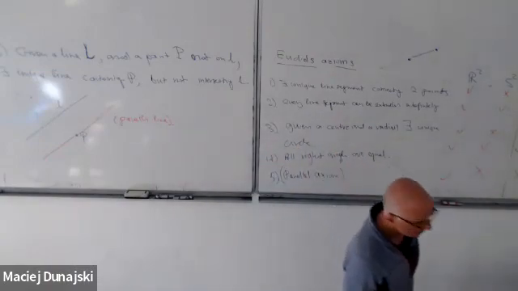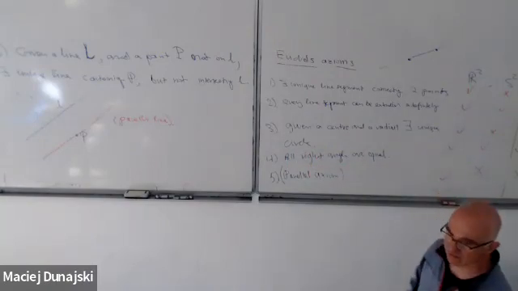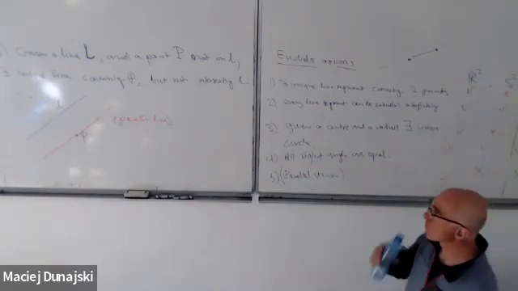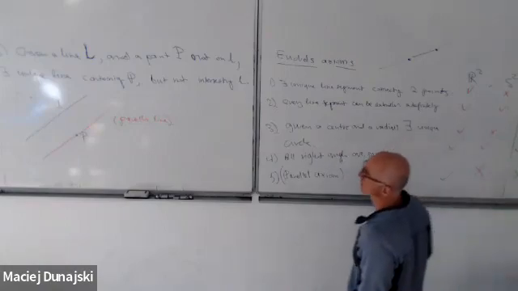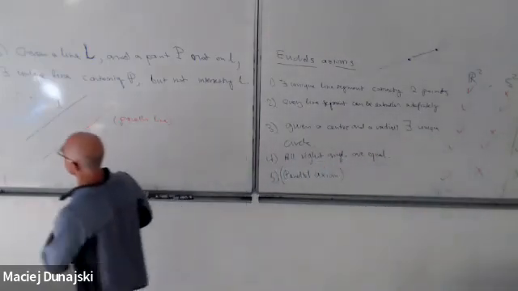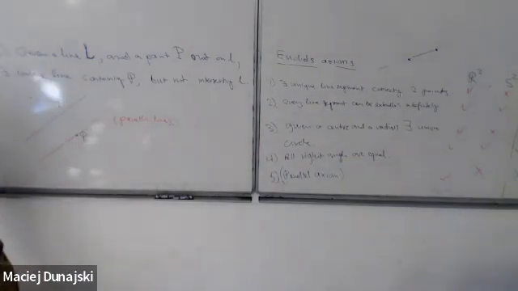Okay, and the fifth axiom, I don't understand how it would intersect the parallel line at 2 points. It's parallel. Well, if you have a sphere, the analogue of a line is a great circle.